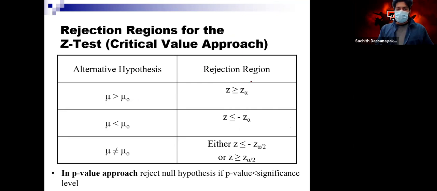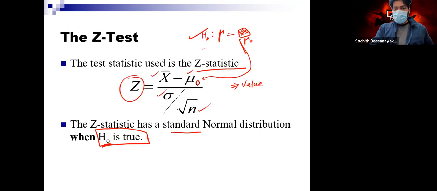Rejection region for the Z test, critical value approach. These are the hypotheses, all alternative hypotheses. The rejection region is determined by the critical value, this value here.